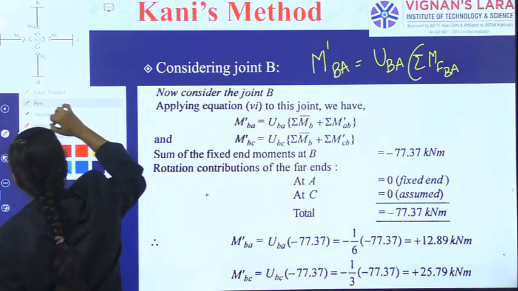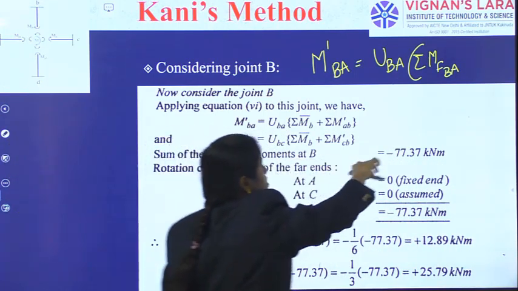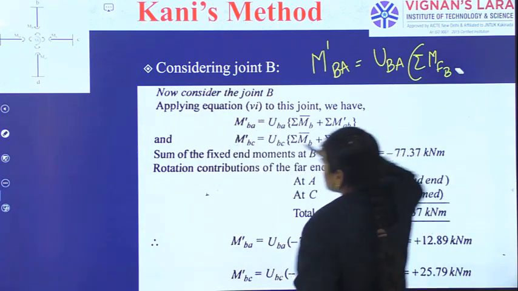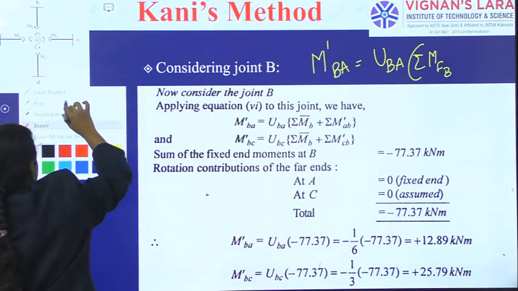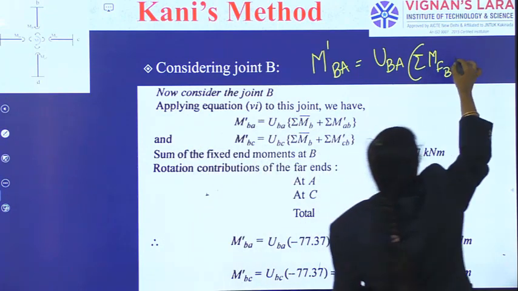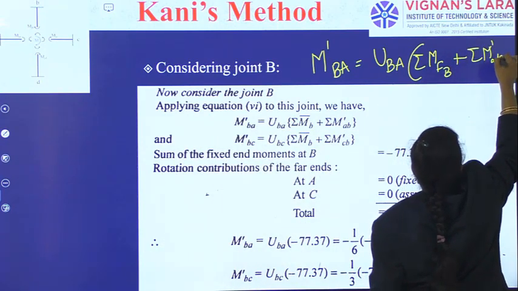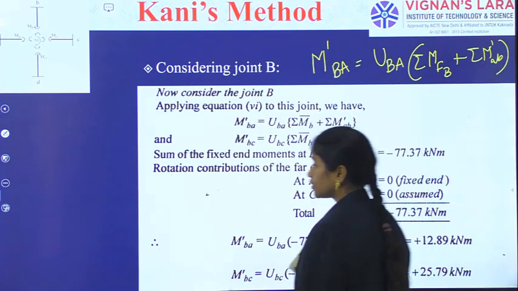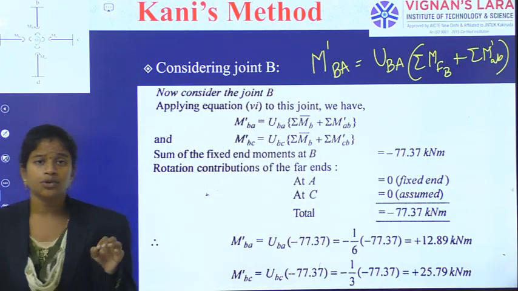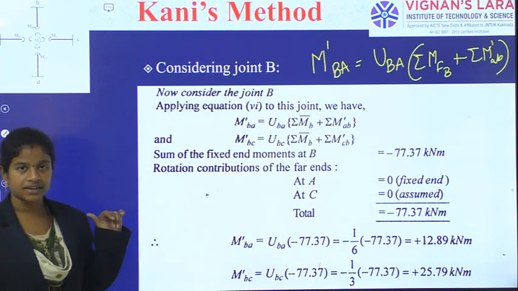Because if you write BA again you will get confused. Summation of the fixed moments at B plus sigma M dash AB. Okay, so the rotation contribution at B towards A I am generating.